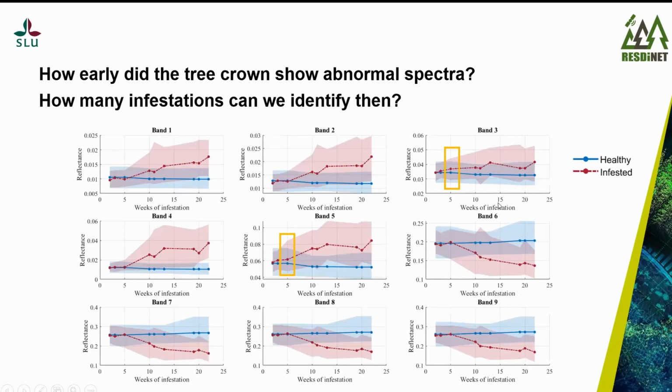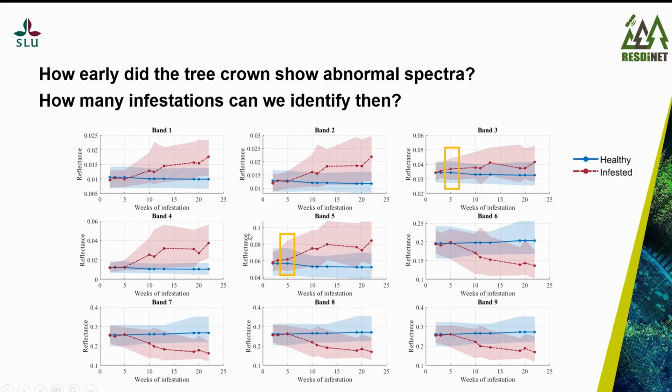And this is the reflectance we observe from the healthy and infested trees. As fundamental information, the healthy and attacked trees didn't show any special difference before the attacks.